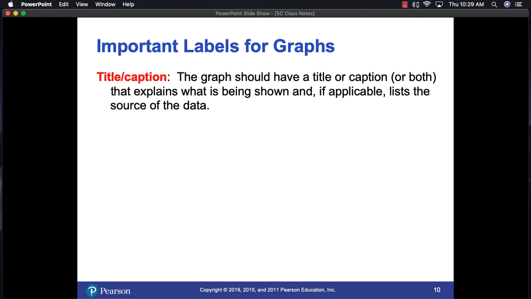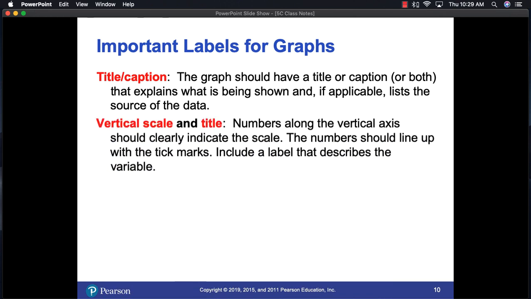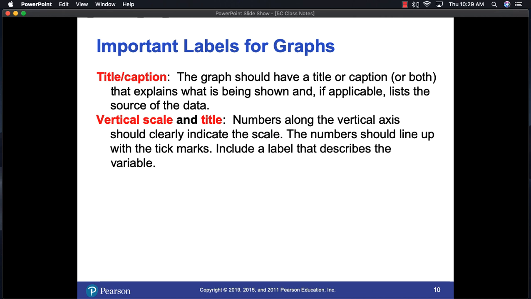Also important for labels for graphs, I just want to go ahead and talk about this with titles and captions. The graph should have a title or a caption or both that explains what is being shown and, if applicable, lists the source of the data. So that's going to be very important. Also, a vertical scale and title. This is going to help you along the vertical axis to see what sort of data we're trying to label.